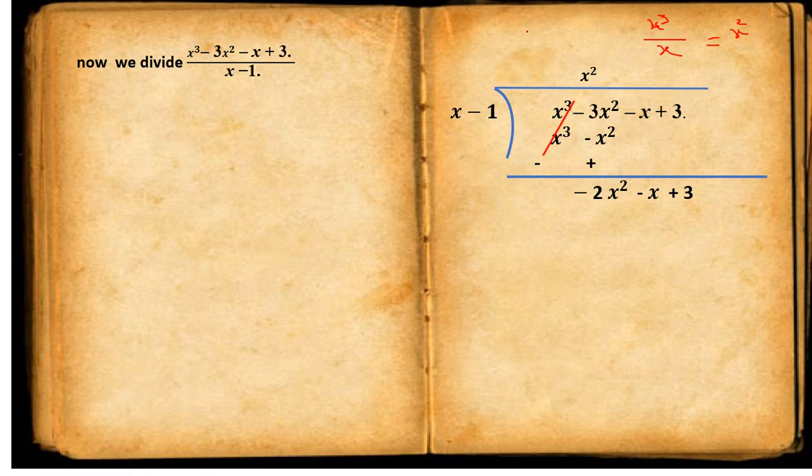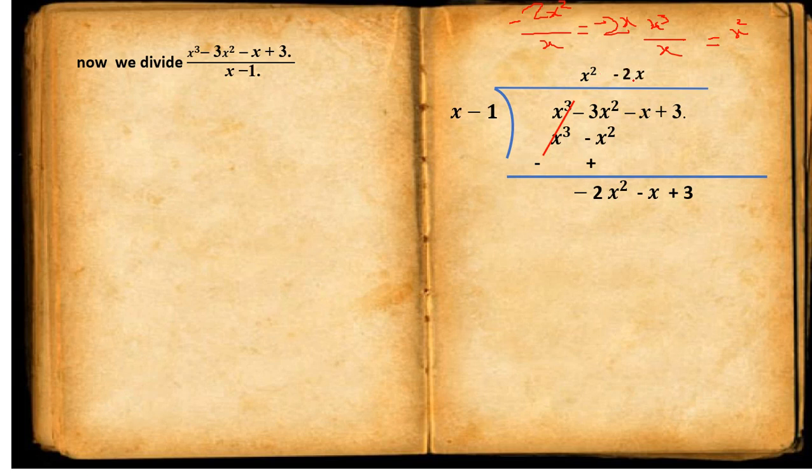So again, minus 2x square divided by x, we get x raised to the power 2 minus 1 by the laws of exponent. So we can write minus 2 into x raised to the power 2 minus 1, which becomes 1. So we get minus 2x. This minus 2x we have to write here.